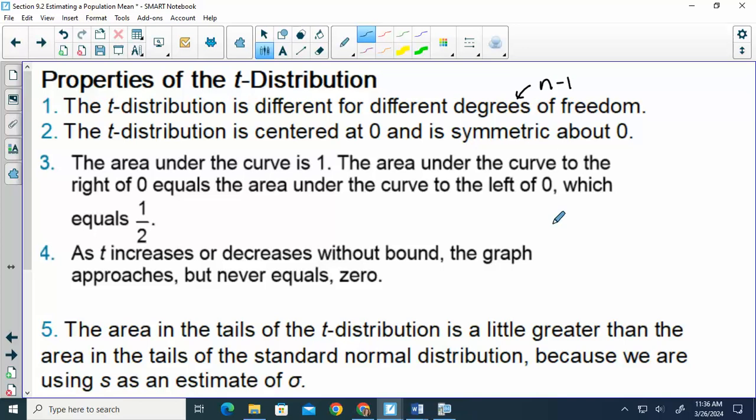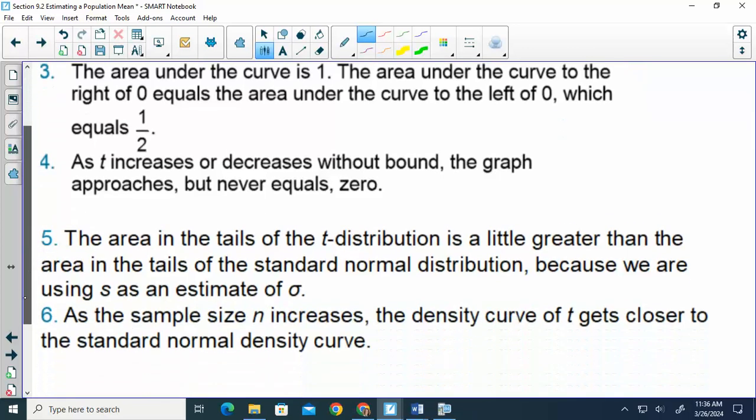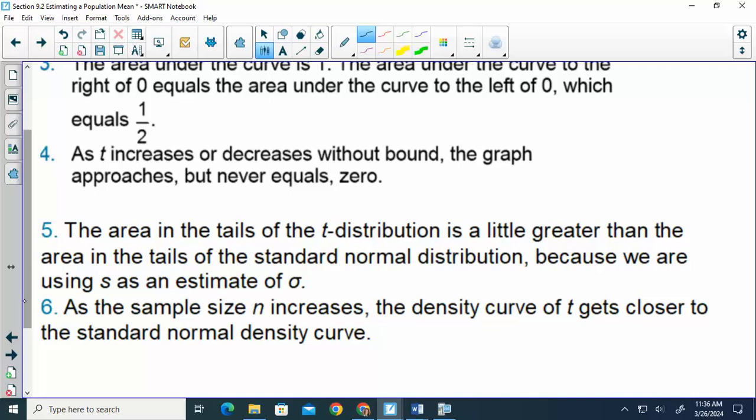As n gets bigger, it turns into a more normal distribution, which we've already said: the bigger our sample, the more normal it becomes. But when n is small, it's not strictly normal, so that's why we're using the t distribution. It is similar to the normal: it's centered at 0, half the area above, half the area below. It's just flatter, getting closer to 0.